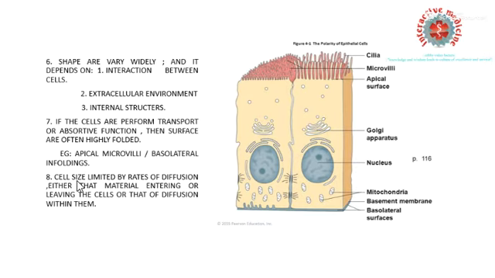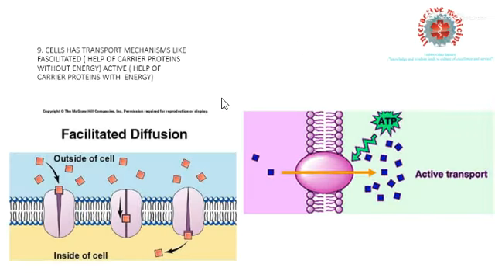Cell size is limited by rates of diffusion, either that of material entering or leaving the cells or that of diffusion within them. We can see the microvilli here. Cells have transport mechanisms. It is one of its characters. Facilitated diffusion and active transport are examples.